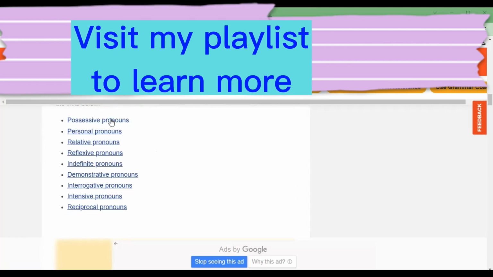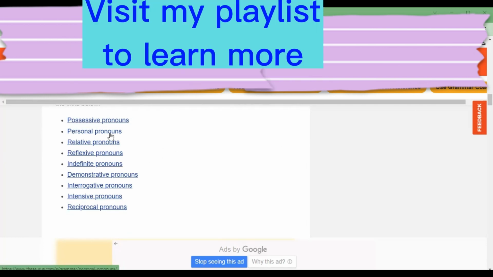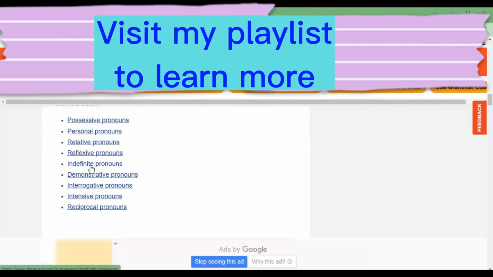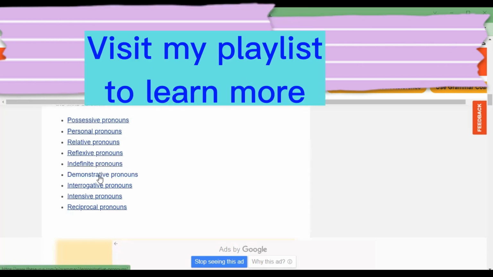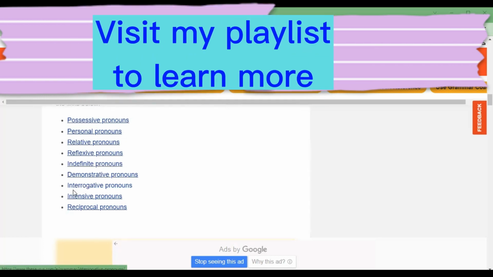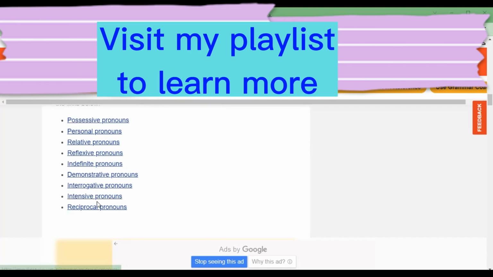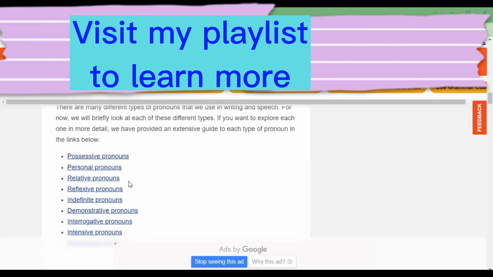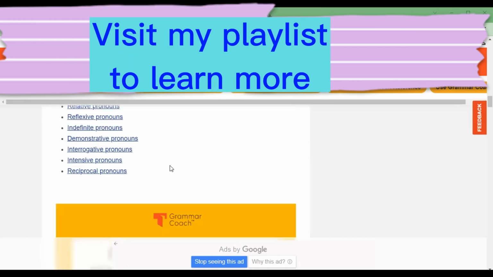We have possessive pronouns, personal pronouns, relative pronouns, reflexive pronouns, indefinite pronouns, demonstrative pronouns, interrogative pronouns, intensive pronouns, and reciprocal pronouns. These are the types of pronouns.